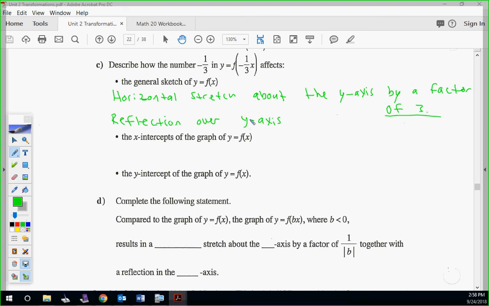The x-intercepts went from negative 2, 1, and 3 to 6, negative 3, negative 9. So they were multiplied by 3 and flipped. Y-intercept, same. Okay, so we can compare the graph y-axis of x, results in a horizontal stretch by the y-axis and reflection on the y-axis.